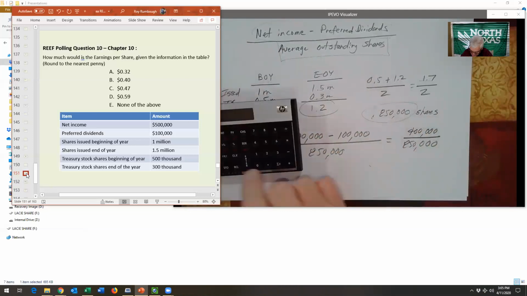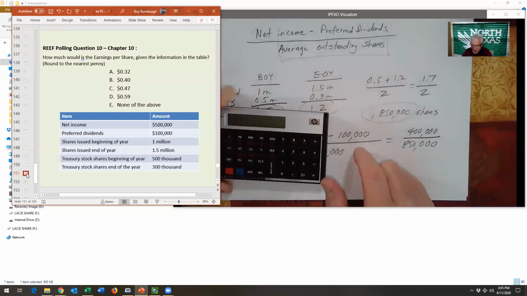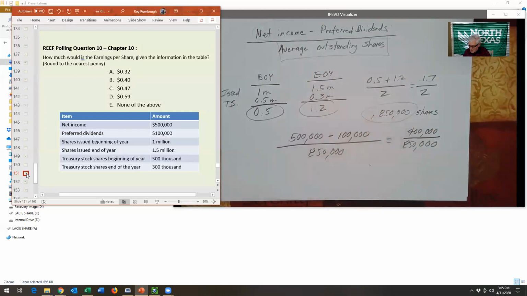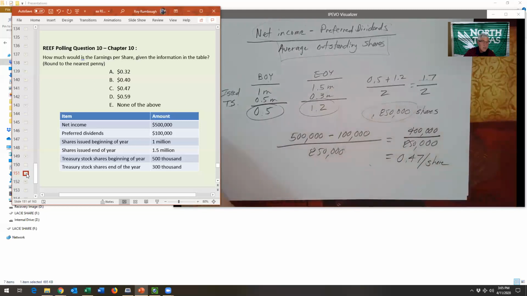My old trusty calculator out here. $0.47 per share. Answer C, 47 cents per share.